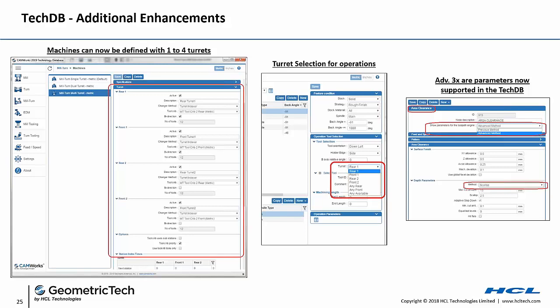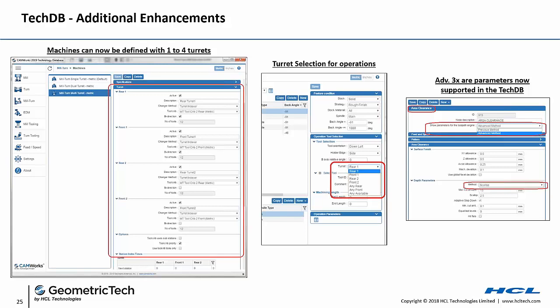And then over on the right, you can see that we also have added some new parameters specifically for 3-axis milling, and primarily, I would say, for the advanced method. So you can now choose whether you're using the previous method or the advanced method for 3-axis machining.